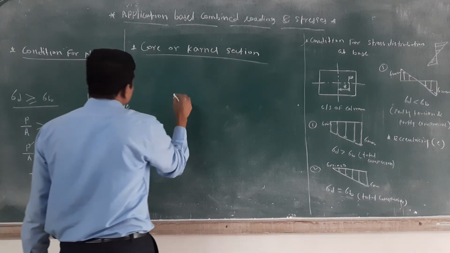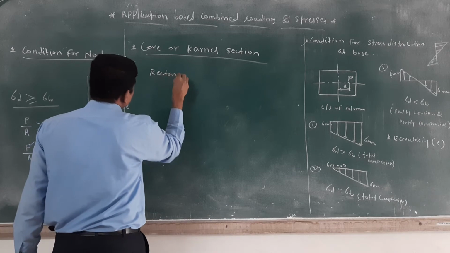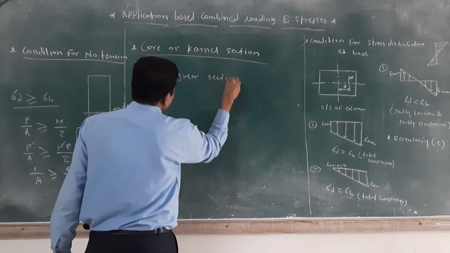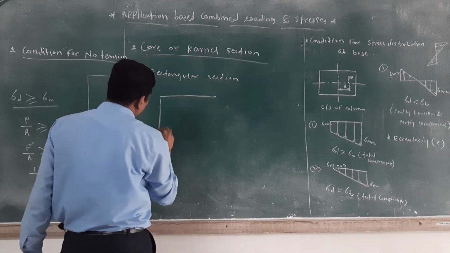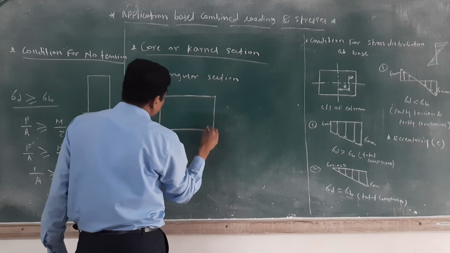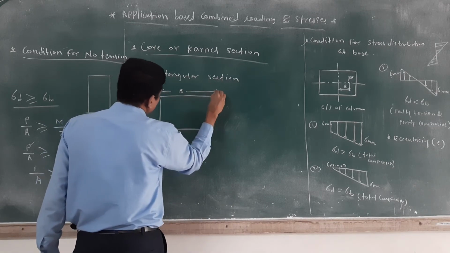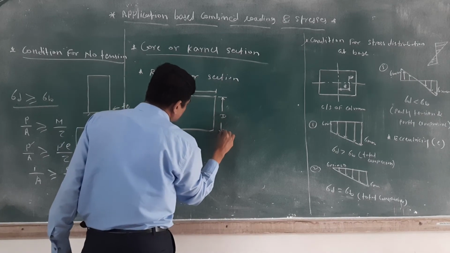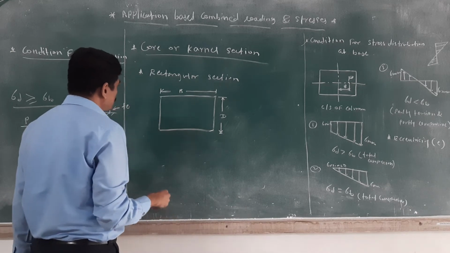I will draw this here for the rectangular section and explain. First I will take the rectangular section. Two dimensions are given: one is B, the width, and the depth of the rectangular section is D. These 2 dimensions are given.